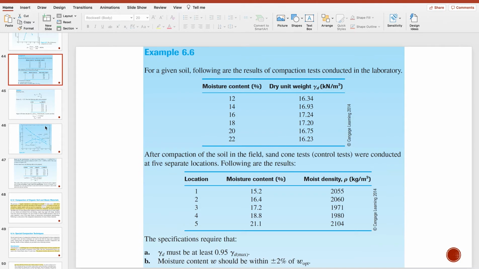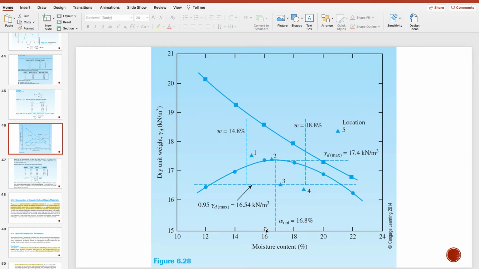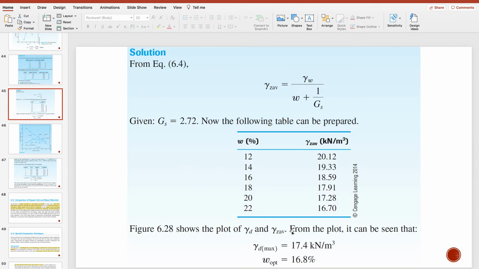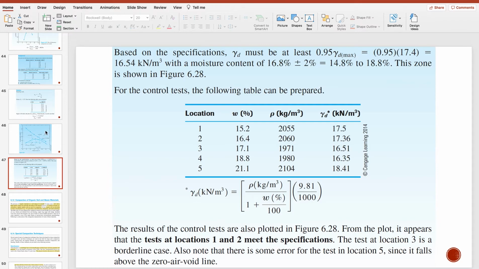Next, 16, 18.59. 16, then 18.59, ito. Tapos, we have ito. 18, 17.91. 18, 17.91.